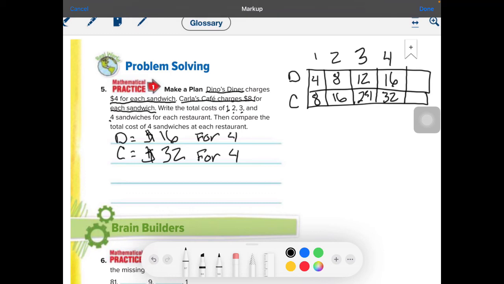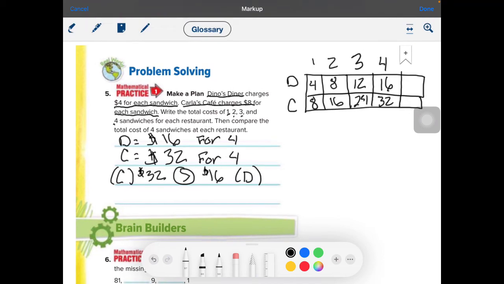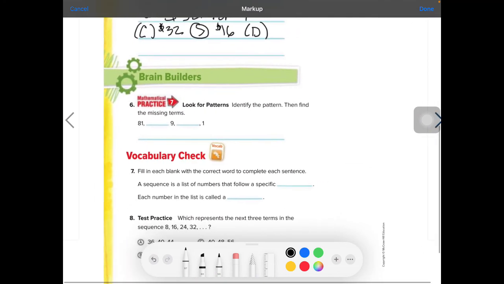So the cost of 4 sandwiches at Carla's Cafe is twice the cost of 4 sandwiches at Dino's. So let's do Carla's Cafe. I'm going to put that in a little parentheses. And we're going to do $32 is greater than the Dino's restaurant, which is $16. And we're going to put a big D. There we go. Whew.